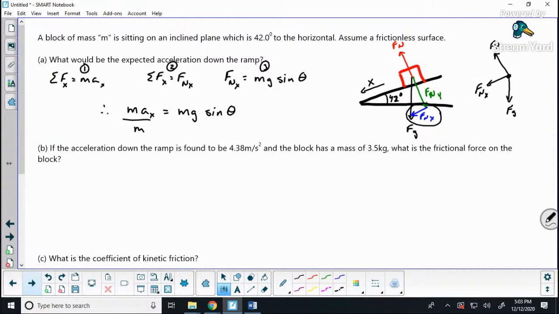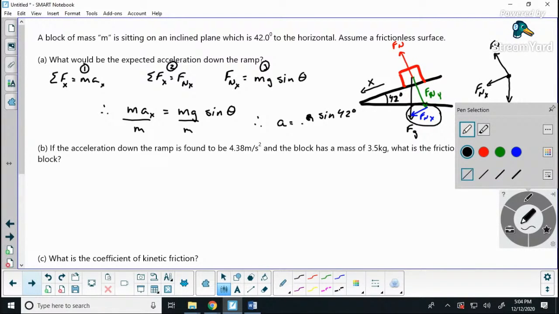I can divide both sides by the common mass, and therefore acceleration would equal gravity times sine theta, which in this case is 42 degrees, because mass cancels out.